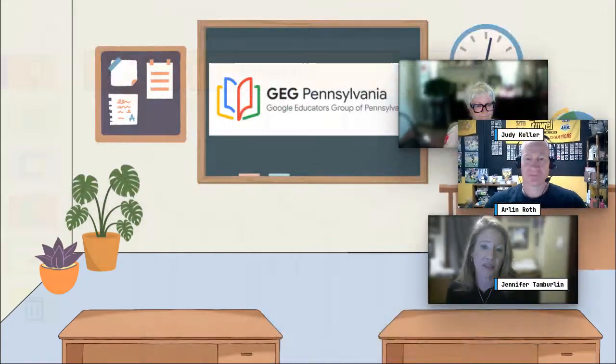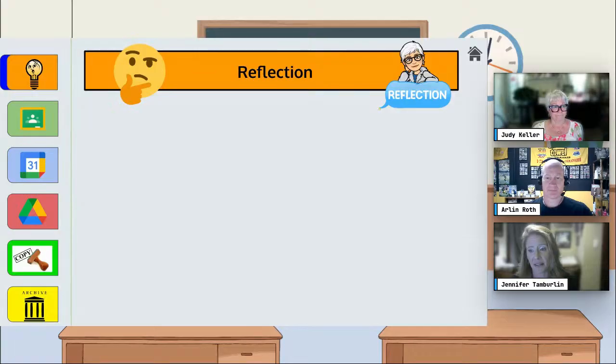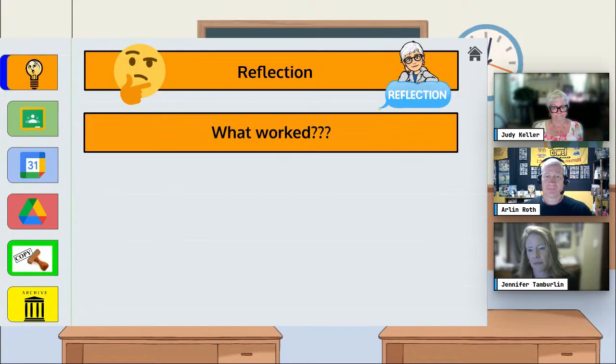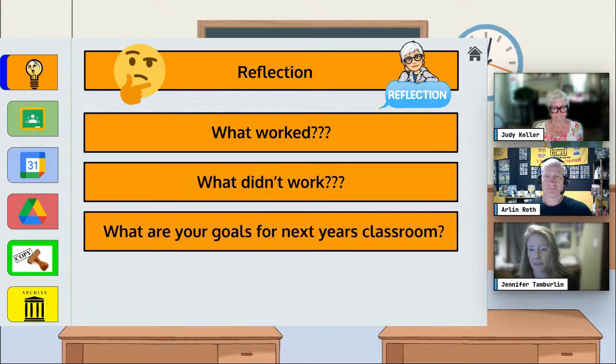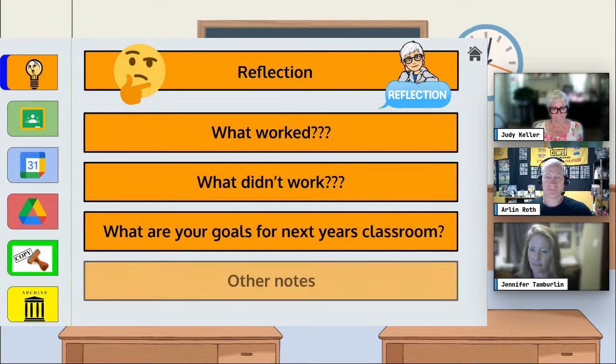Now that we put all these ideas to the forefront of our brains, now that you're thinking about your classroom and your Drive and your calendars, what worked, what didn't work, were you putting in grades in Google Classroom, or were you returning work all the time? So creating that mental or physical to-do list for August, and getting started on any of that now, be it your Google Drive or the classrooms.